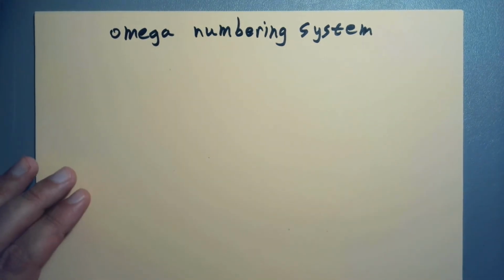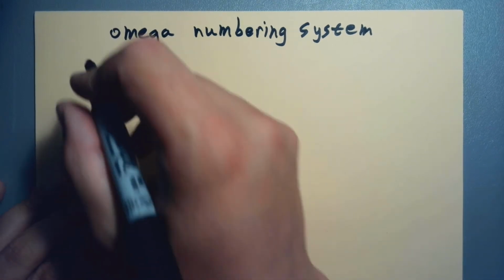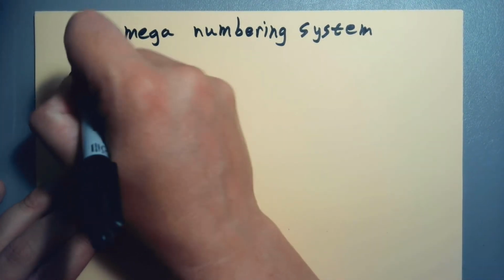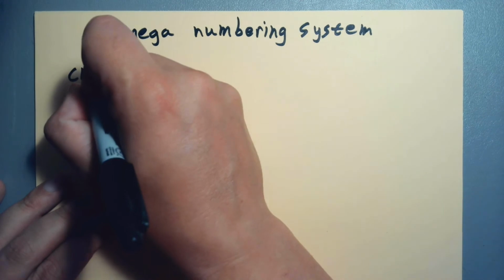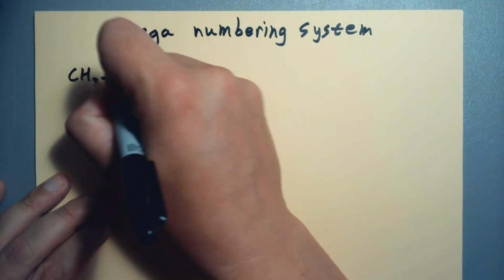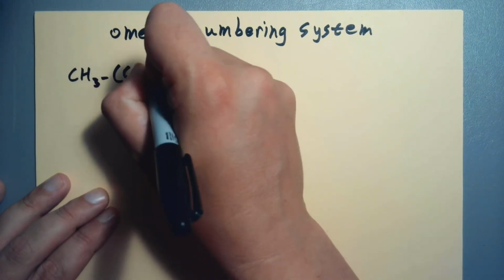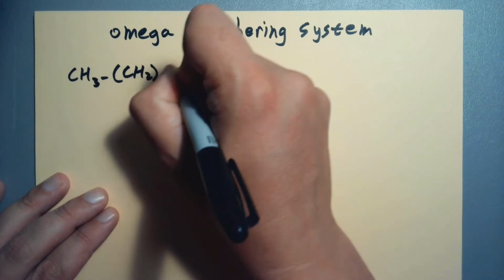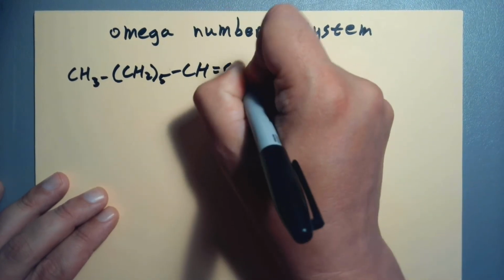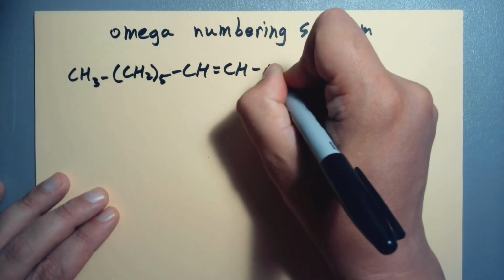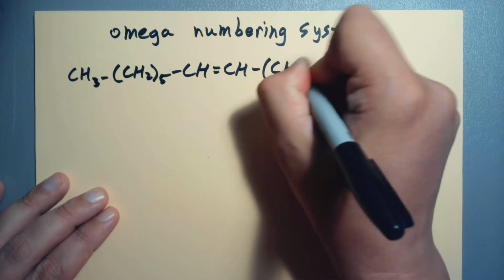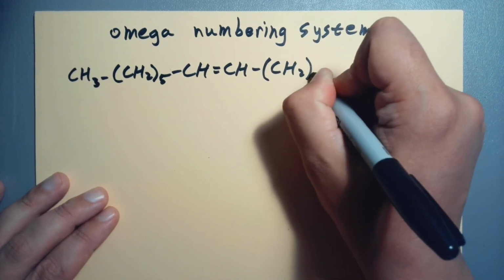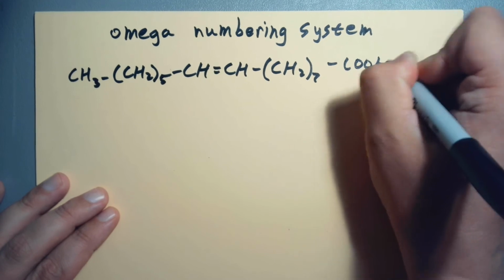So when we have something like palmitoleic acid, this is only for unsaturated fatty acids, by the way. But we got our same thing we have before. So CH2, 5, CH double bond, CH. And then we got CH2, and we've got 7 of them, and then our carboxyl group.